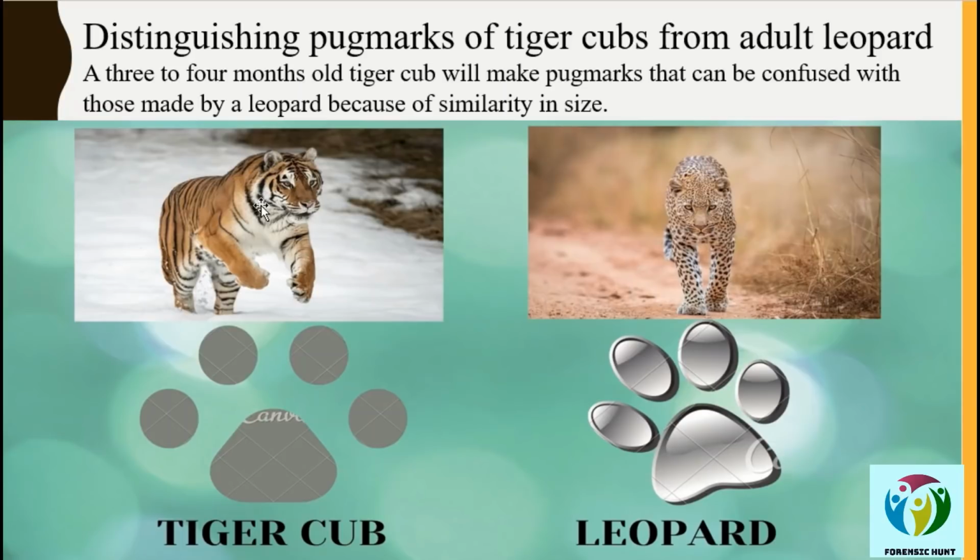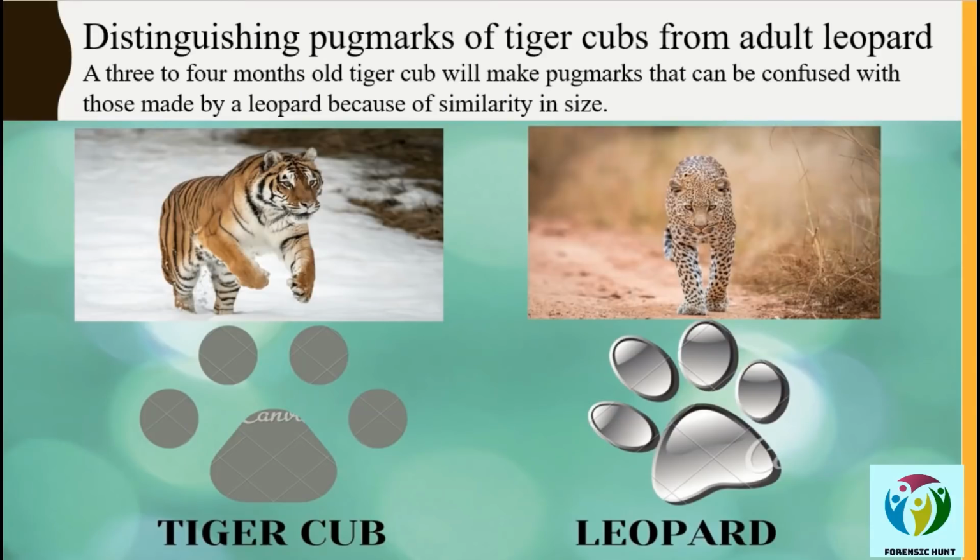But what happens if we are talking about the baby of a tiger, that is a tiger cub? A 3 to 4 month old tiger cub will make a pug mark that can be confused with those made by the leopard because of the similarity in size. So in that case, you have to consider other factors which would be able to distinguish the tiger pug mark from the leopard.